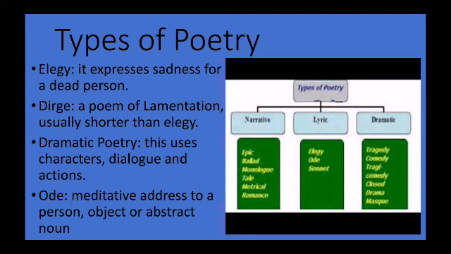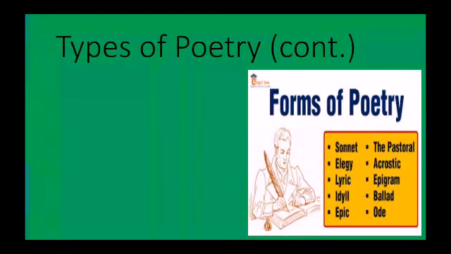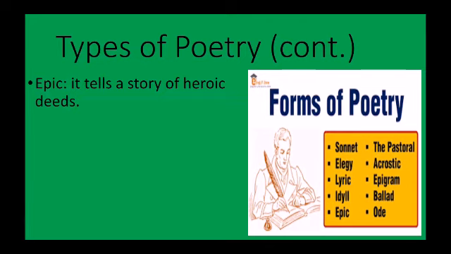So what are other types of poetry? There are still so many other types. We cannot exhaust them. We have other types like epic. Epic helps to tell a story of a heroic deed. Take for instance, when someone does something that is heroic, kills a lion.